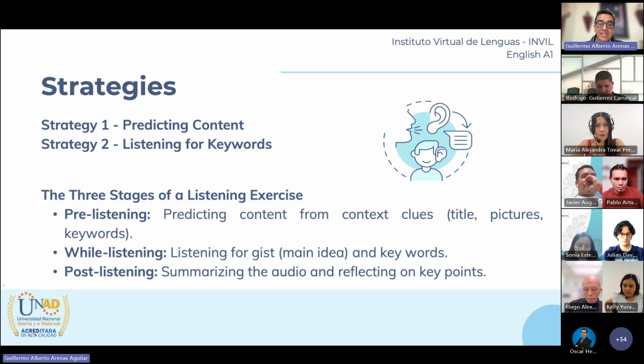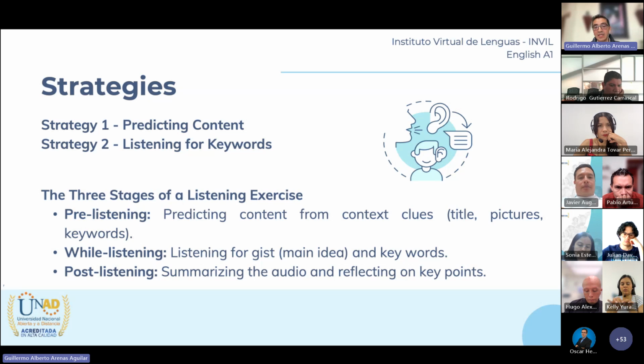For these stages, it is important that when you're using strategies, at the end, you reflect on the things that you did. It's not just, I just listened to this, I got 5 correct answers, and then I move on to my next activity. It's not like that. You need to start reflecting, okay, this strategy helped me, or this didn't help me at all, or I need to use some different strategies because I'm not understanding anything.